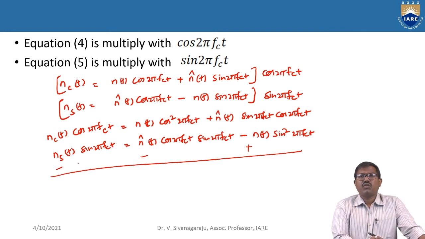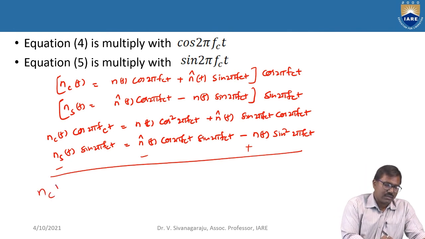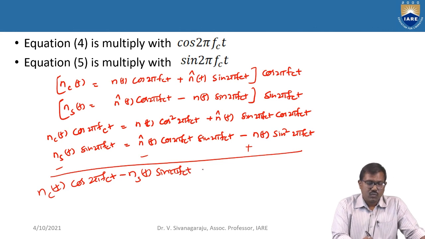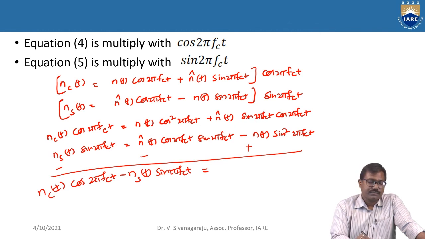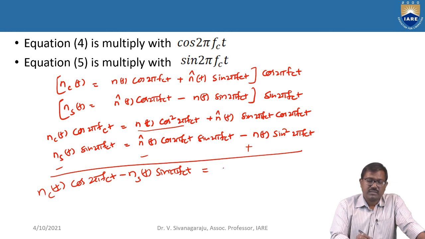So we get nc of t cos 2 pi f c t minus ns of t sin 2 pi f c t, which is equal to the n cap of t sin 2 pi f c t terms cancelling, and n of t which multiplies to give the sin term.